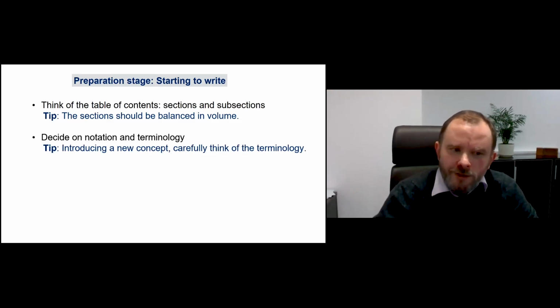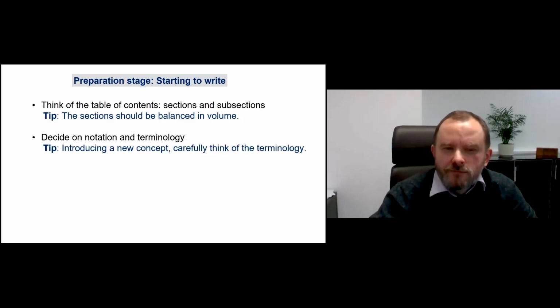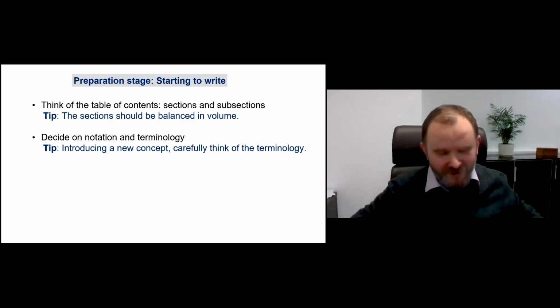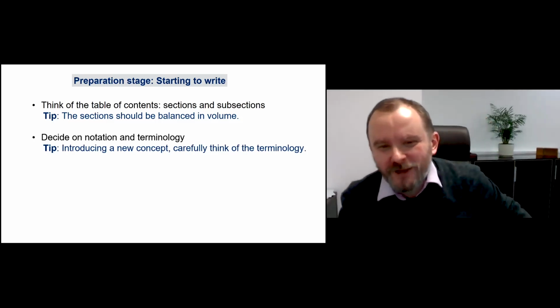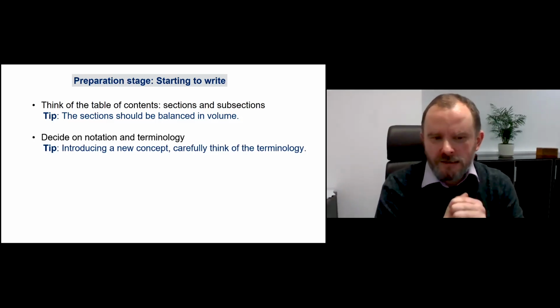Okay, point number 2, about notation and terminology. This is really terrible. Especially when you write long texts, especially surveys, especially books. This is extremely, very, very difficult. Because first, a naive piece of advice: decide what you denote by which letters.